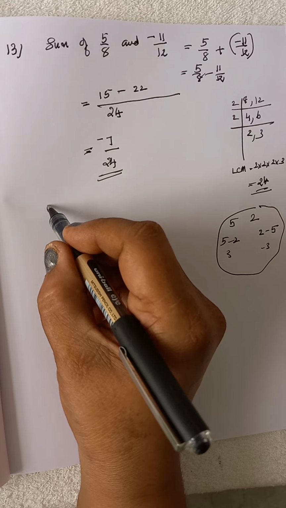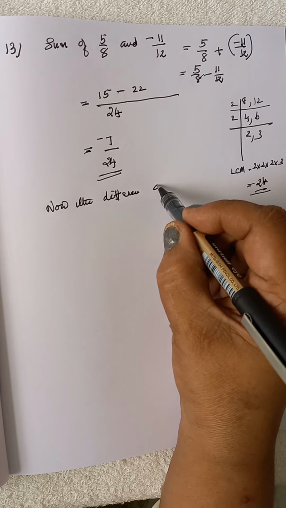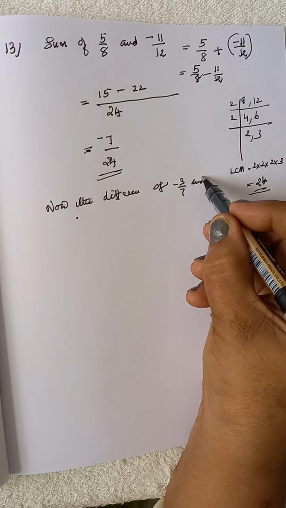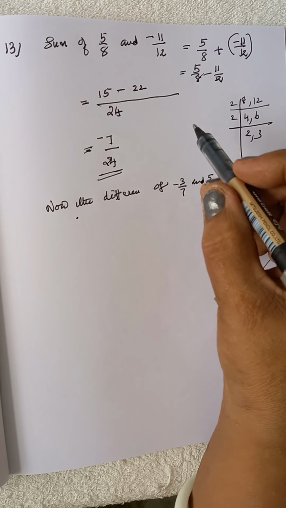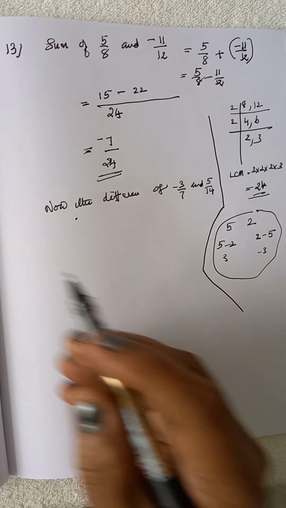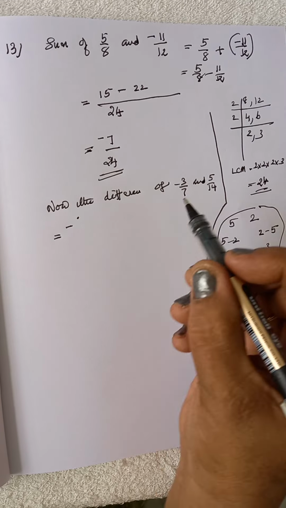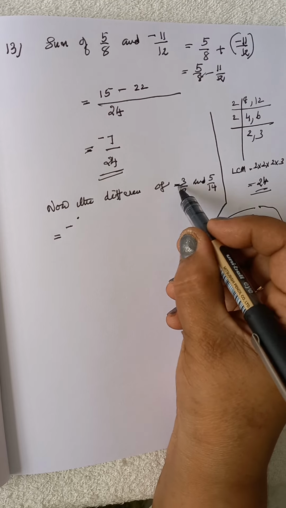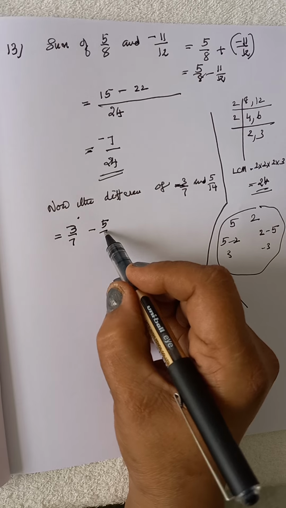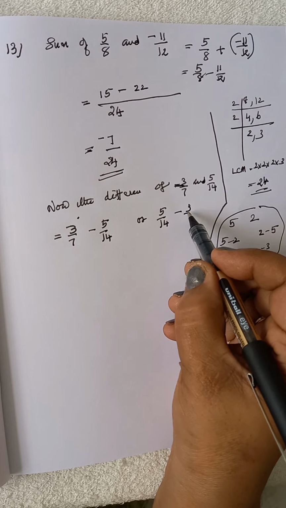So now the difference of 3 by 7 and 5 by 14 can be 3 by 7 minus 5 by 14, or 5 by 14 minus 3 by 7.